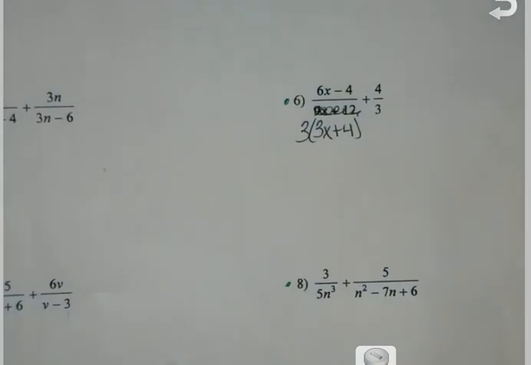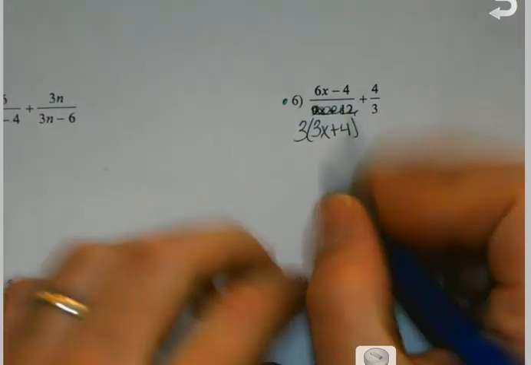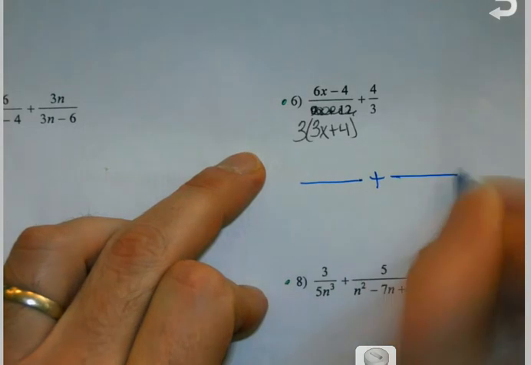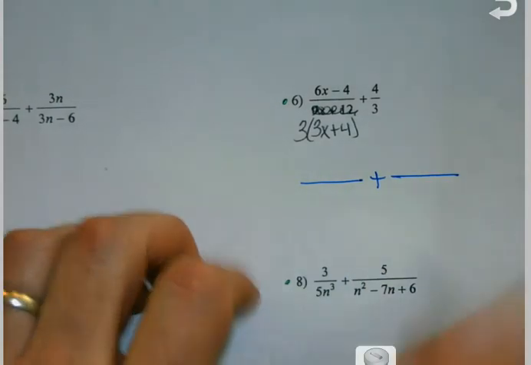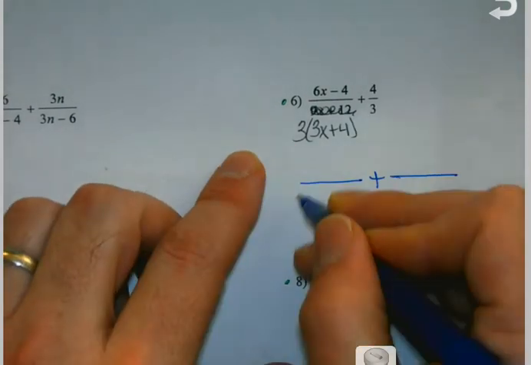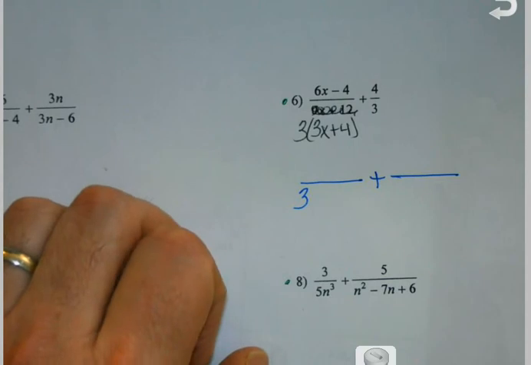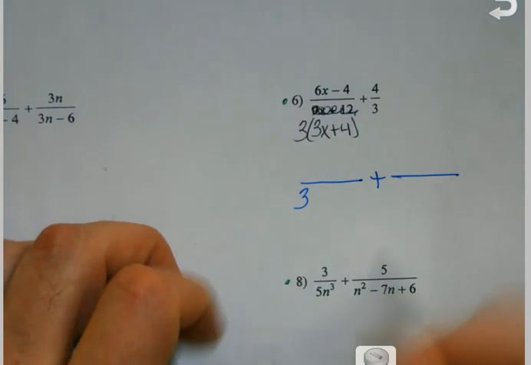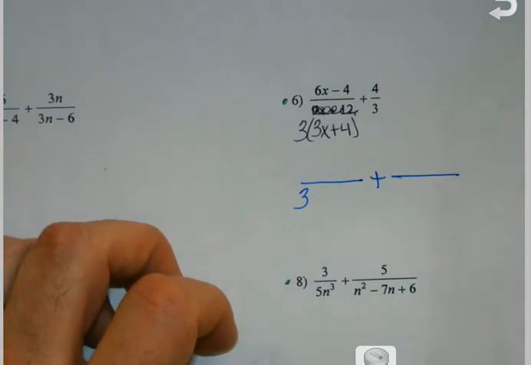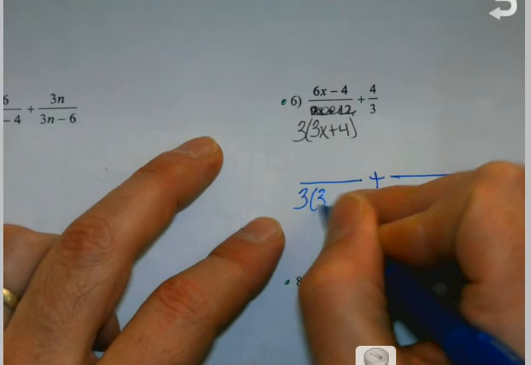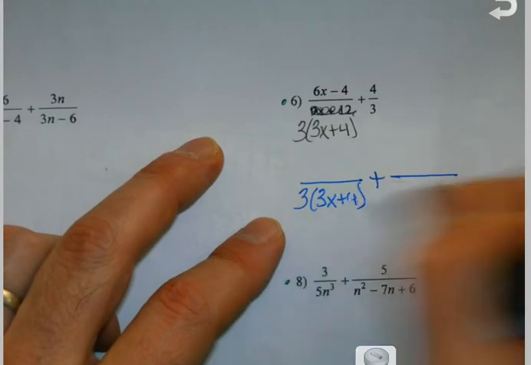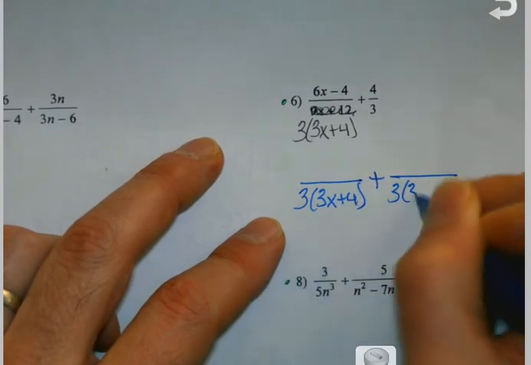All right, let's build this. Coefficients. Yes, they're both 3. So, count by 3 and count by 3. I think that'd be 3. No single variables. One set of parentheses, one quantity.